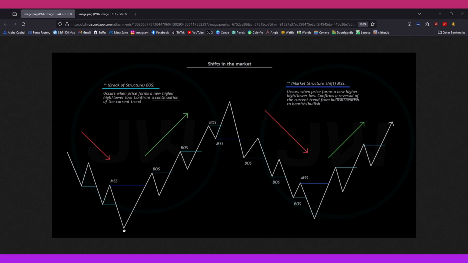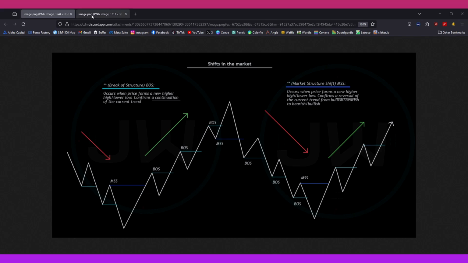And as soon as we break the high, we are breaking the current trend from bearish to bullish. And that break of structure is what is known as a market structure shift. Functions exactly the same, but we find it at the base of a swing when we break the current trend.